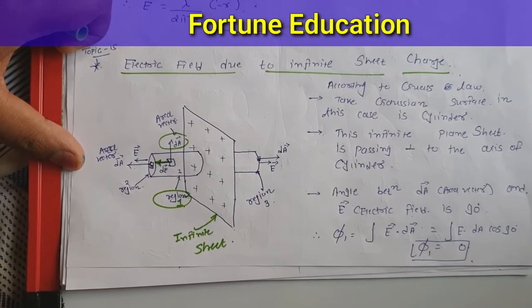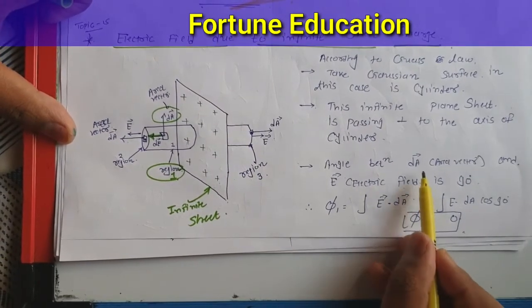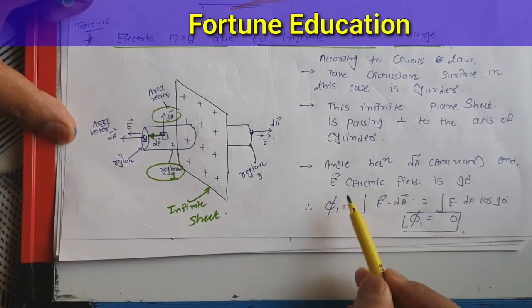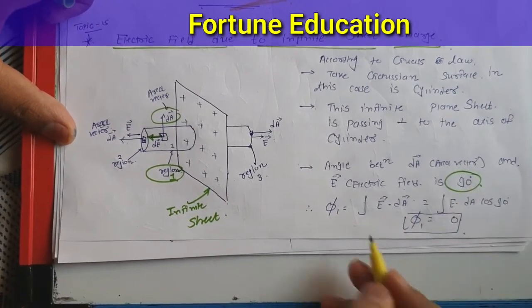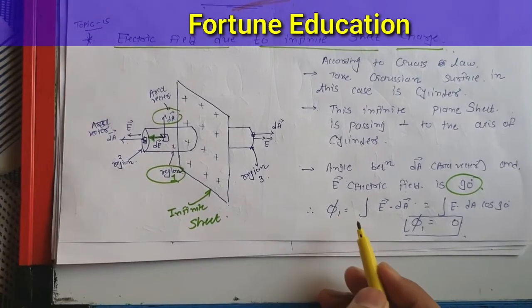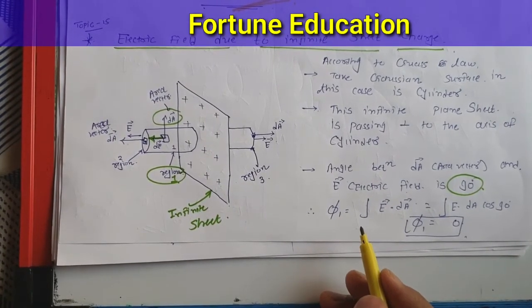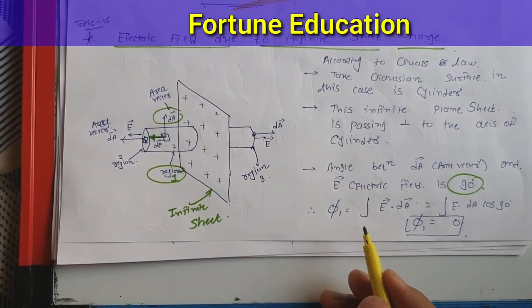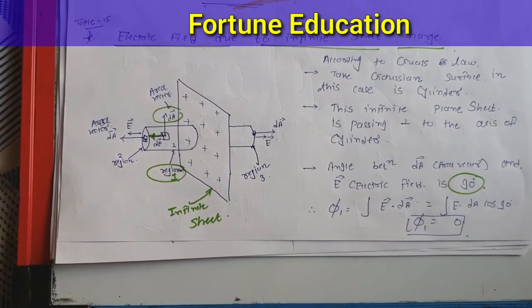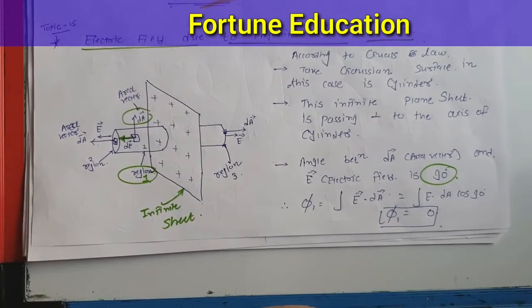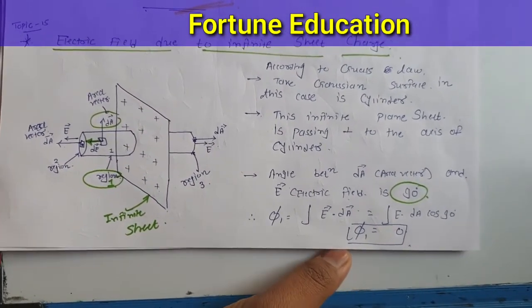Now the angle between the area vector dA and the electric field is 90 degrees. Once again, I will tell you what electric flux is: the product of the electric field and the area it passes through is known as electric flux.